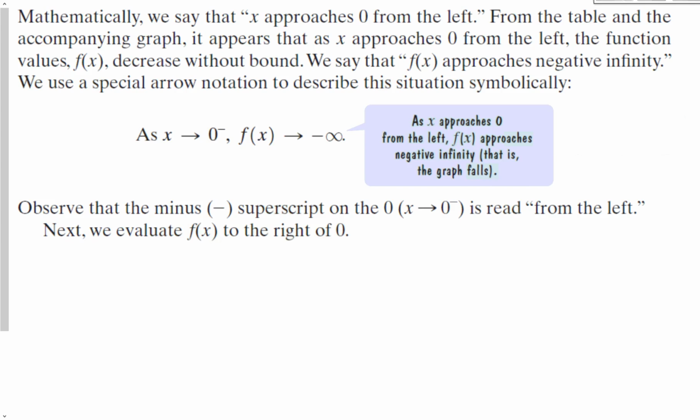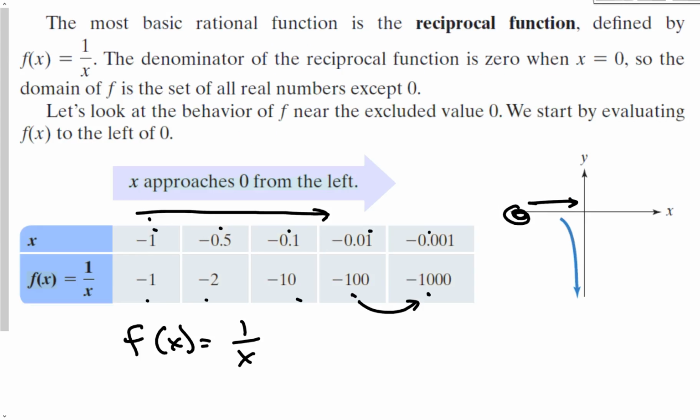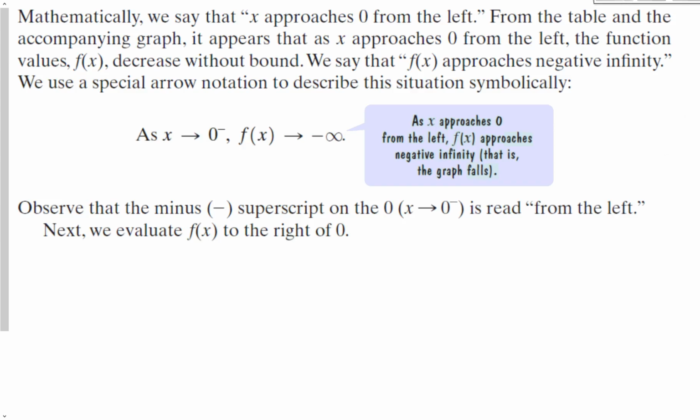Okay? Mathematically, we say that as x approaches 0 from the left, from the table and accompanying the graph, it appears that as x approaches 0 from the left, the function values, f of x, decrease without bound, right? They're going down. They're getting much, much, much smaller, okay? We can use arrow notation and limit notation to describe this situation symbolically.